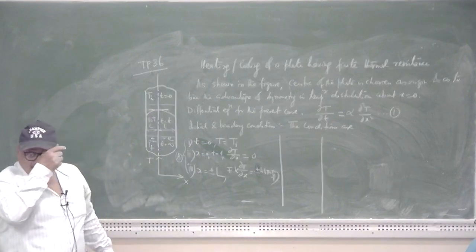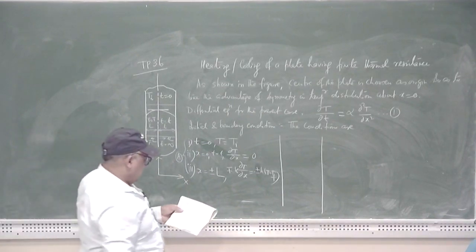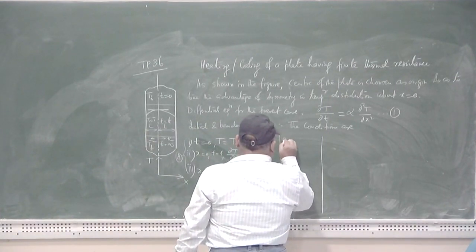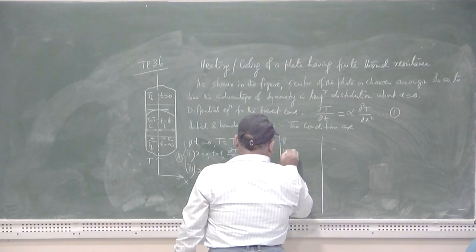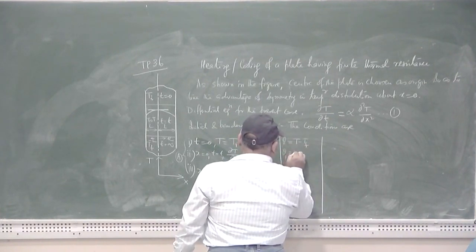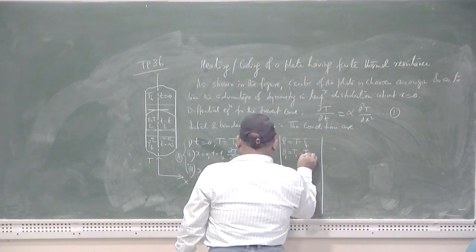Now, making a substitution right now. Let us define two terms, theta and theta 1. Theta is defined as T minus Tf, and theta 1 is defined as Ti minus Tf.